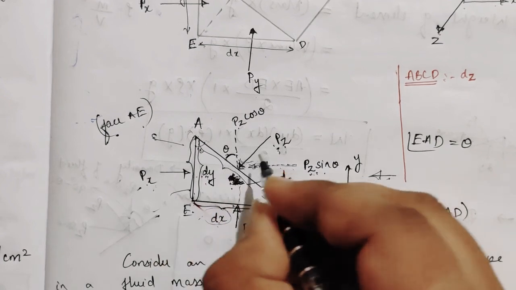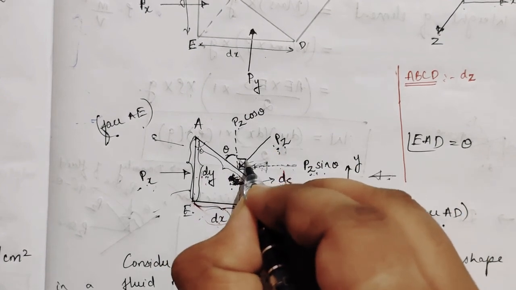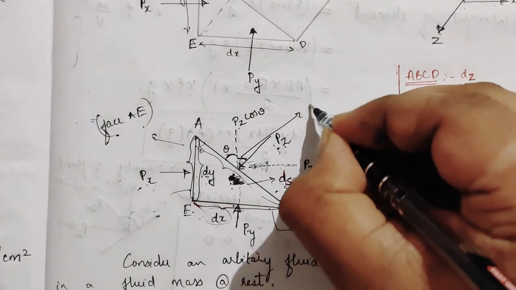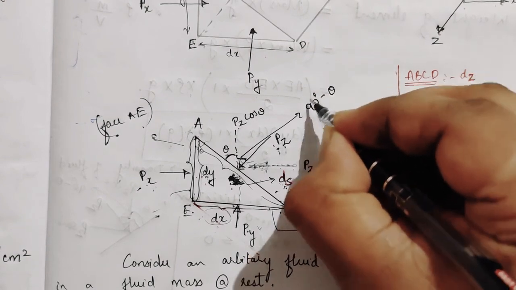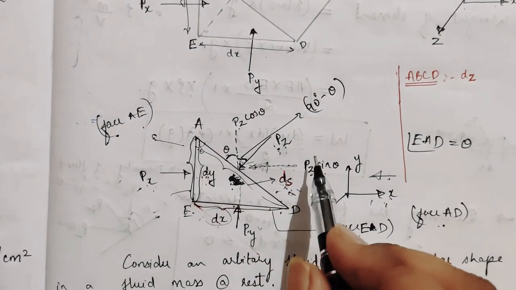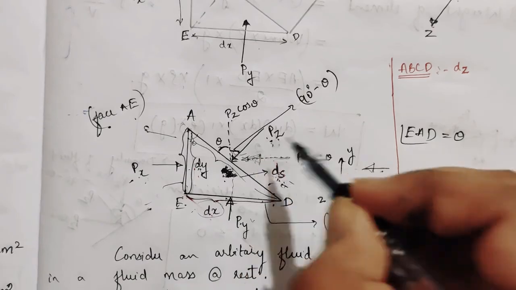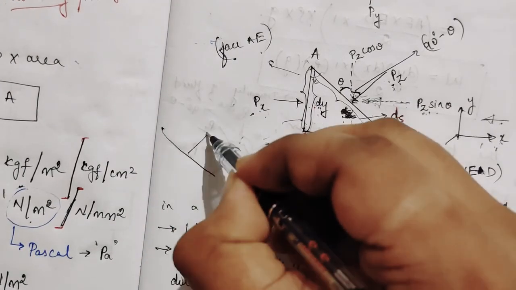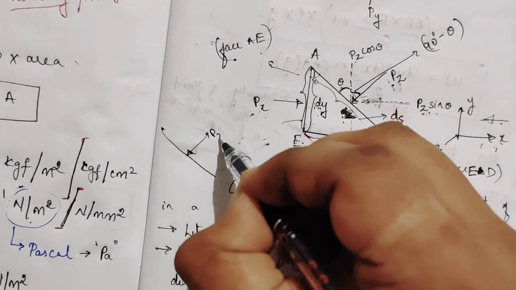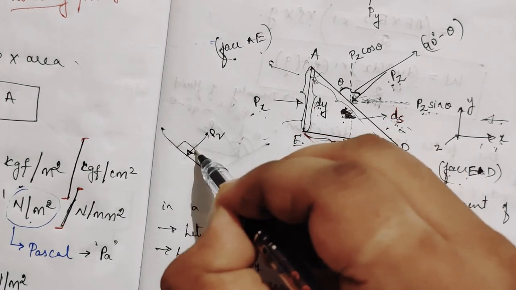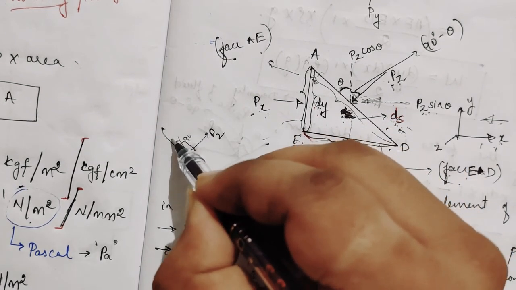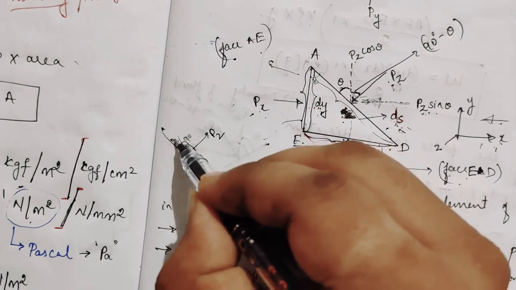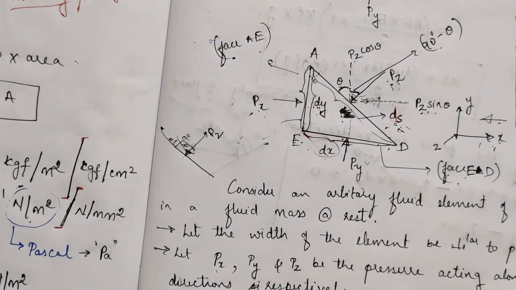So this is theta, right? I want this theta, so this will be 90 degree minus theta. How 90 degree minus theta? This pz is acting normally on the inclined surface, so this is 90, here we have theta, so what remains is 90 degree minus theta.